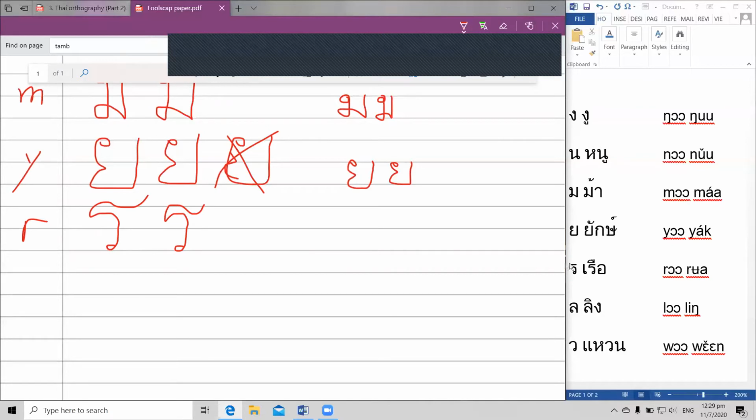I know that it looks straight over here, but when you write it, you can write it this way also. Let's try again. Go up. Before reaching the top, you must bend first, and then you go up. This is Ro Rua. Take note that it occupies 3 lines or 2 empty bars, okay?